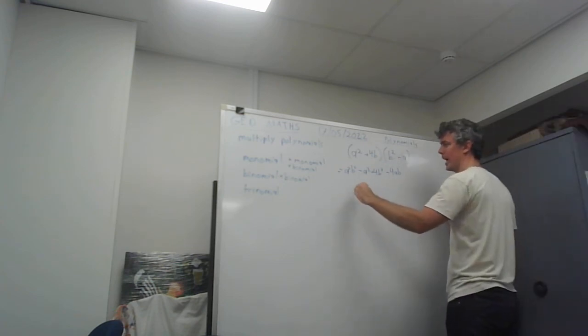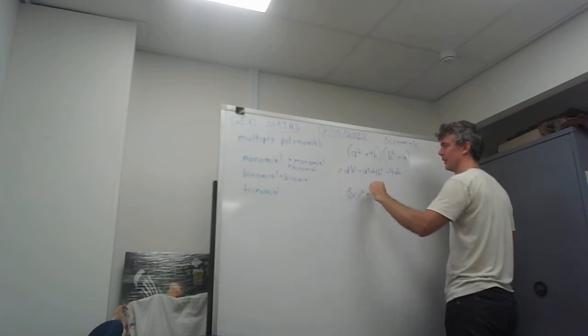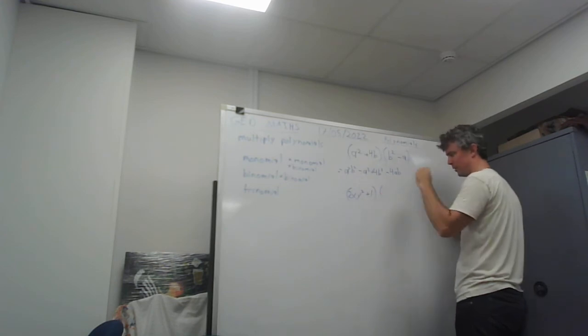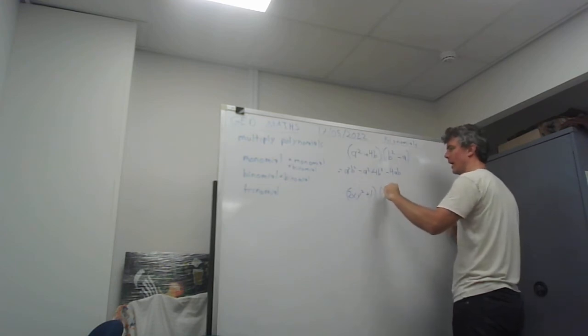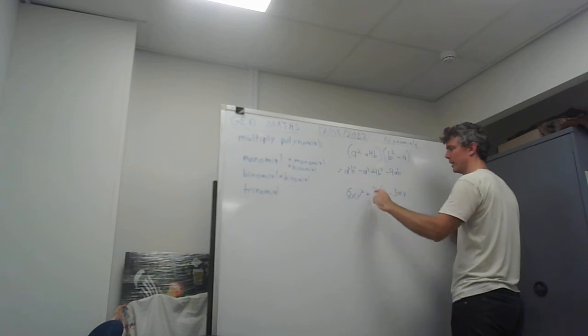Now, what if we have 2xy squared plus 1, times y minus 3xy.